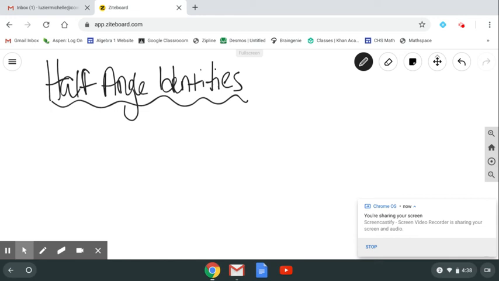Okay, so the first thing you need to know is on your formula sheet, so I want you to have your formula sheet out with you. You'll notice that some of them have plus or minus in front.